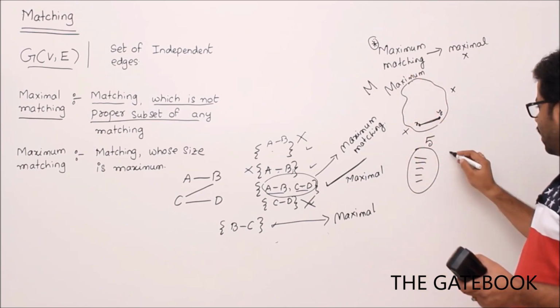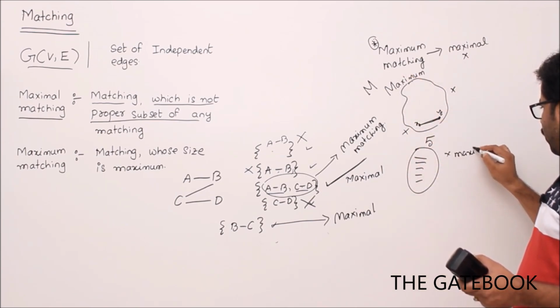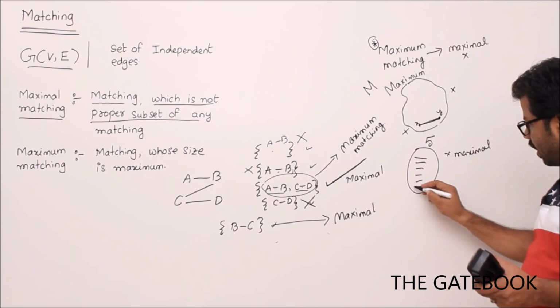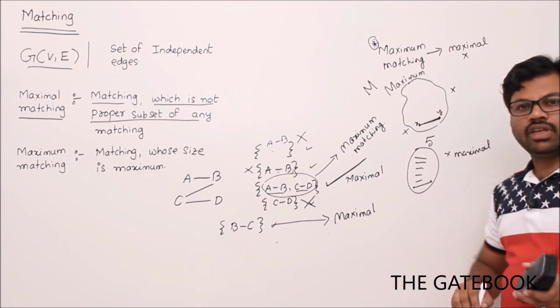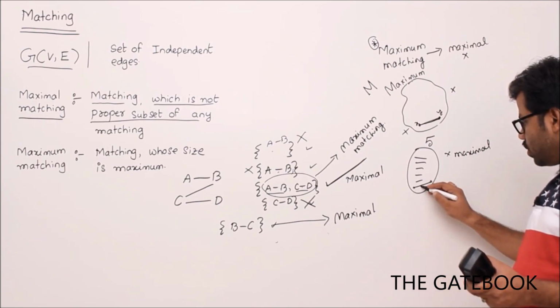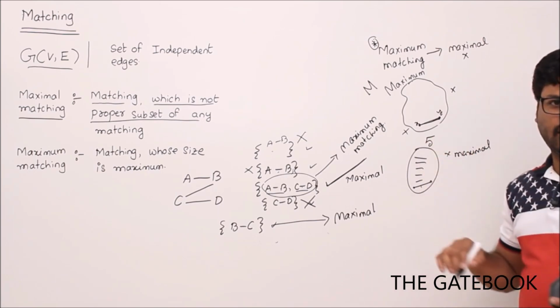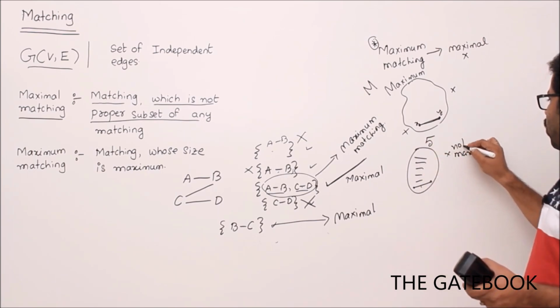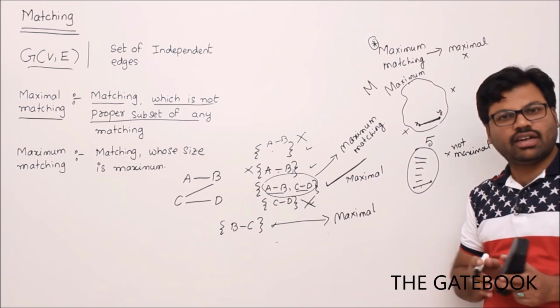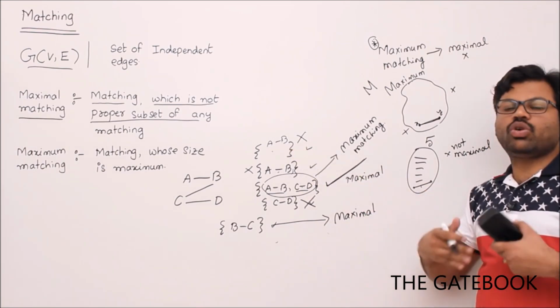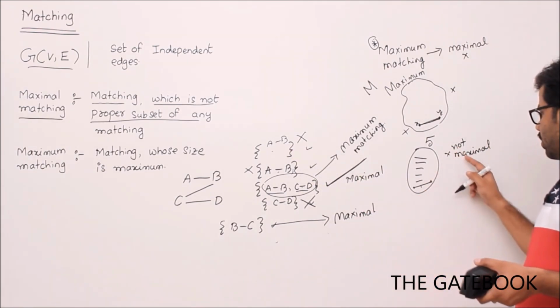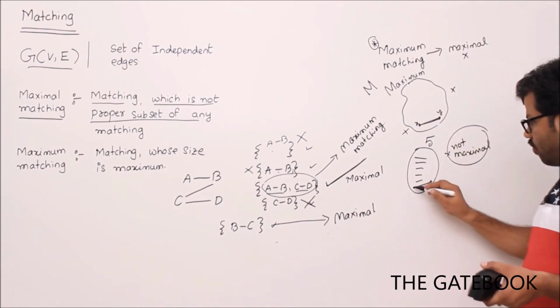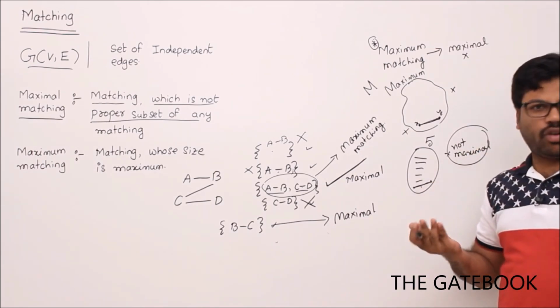Then you are saying that it is not maximal. Whenever it is not maximal, then I can add one more edge to it. Whenever I add one more edge to it, still it forms a matching. That is the property of not maximal matching. Correct or not? For maximal matching you can't add further, but for not maximal matching we can add one more edge and still we can form matching.